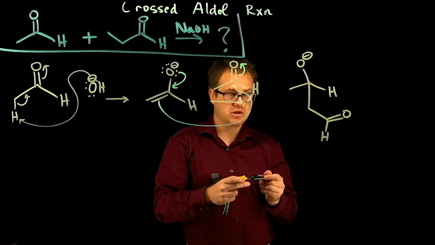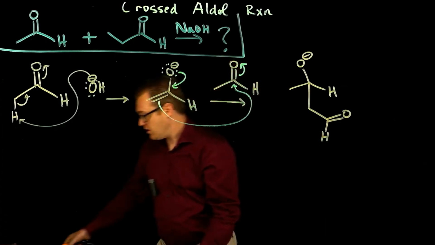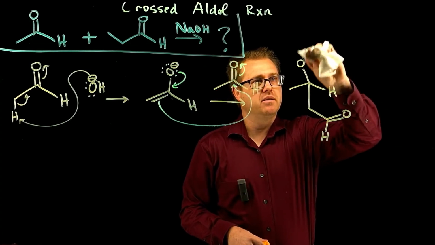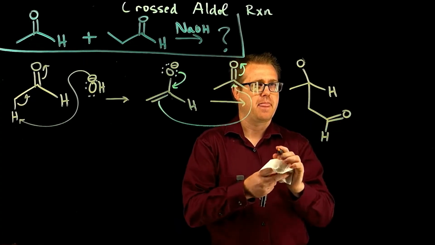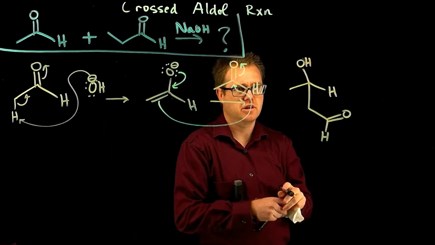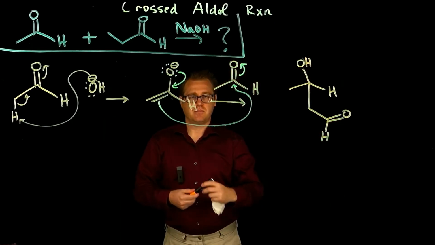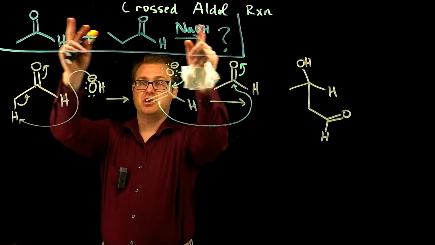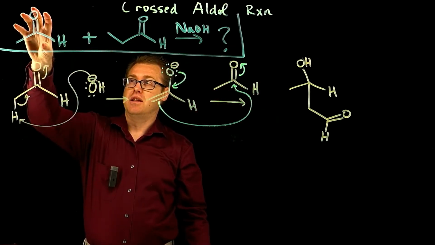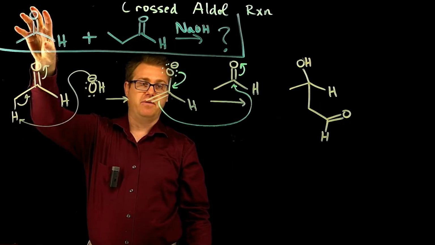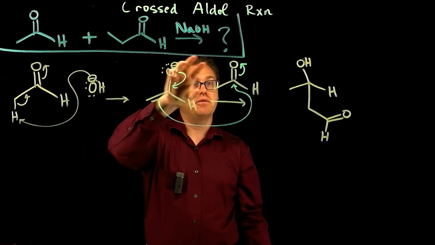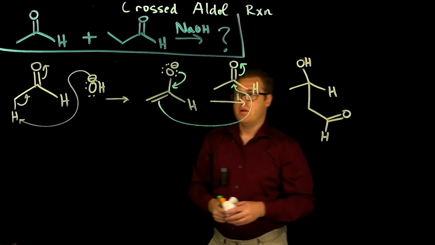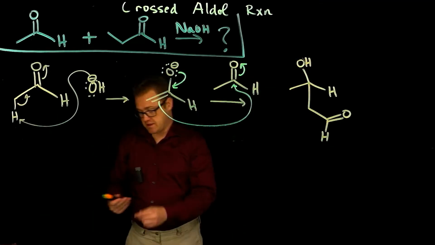And then we'll do a proton transfer, which I'm not going to show, and we would protonate that, just like that. So there's a possibility when we take this reaction mixture, this aldehyde could be formed into this enolate and then react with the same aldehyde. That's a possibility.